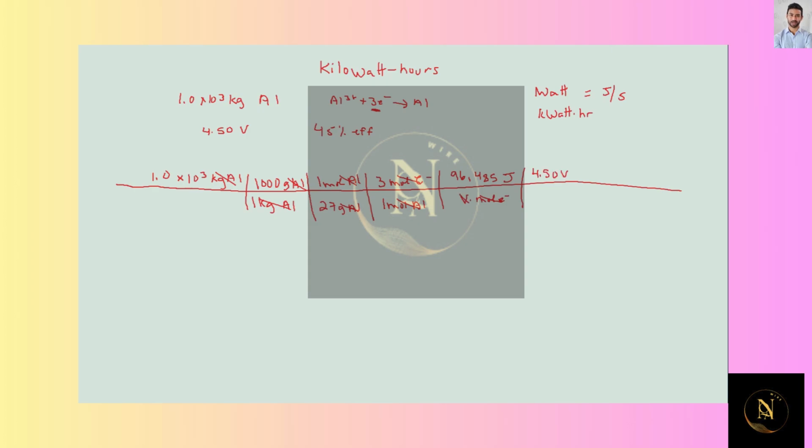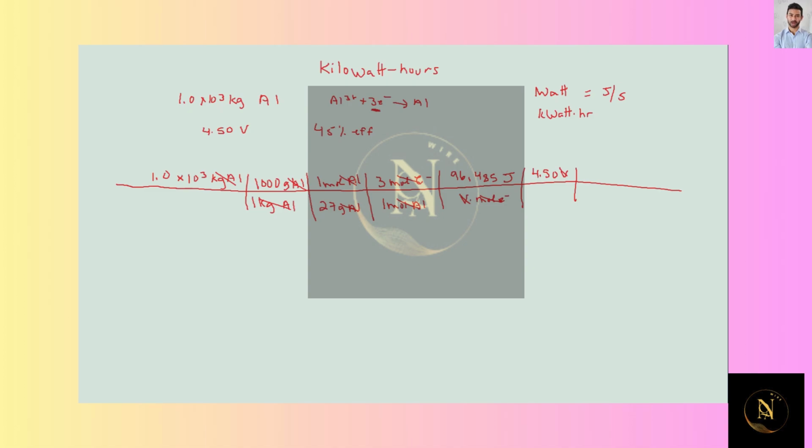So now my volts cancel and I have joules, but I want watts, which are joules per second. And so I'm going to take this, and I also want it to be kilowatt hours.